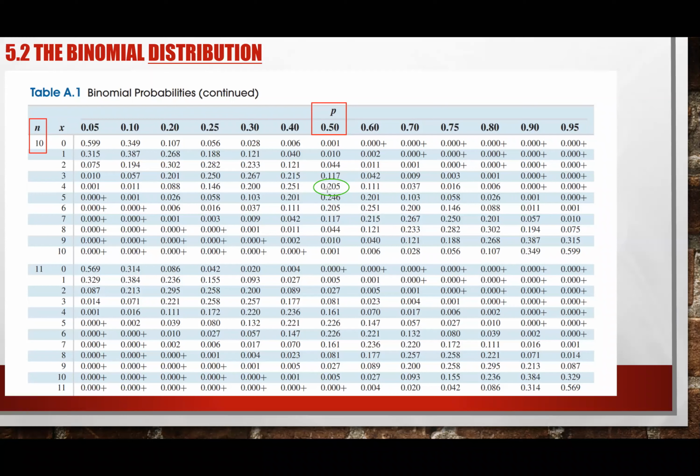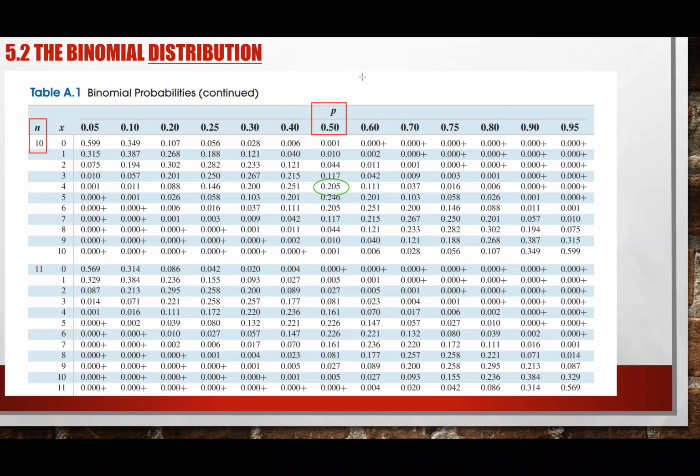We know that N is 10, because we have 10 questions. We know the probability of each question is 50%, 0.5, right? And exactly 4, this is our answer. So the second method to find a binomial probability is to go into this table and extract what they ask us, which in this case is exactly 4. So to be exactly 4, we go to X equals 4 and take out this answer, which is the answer we're looking for.